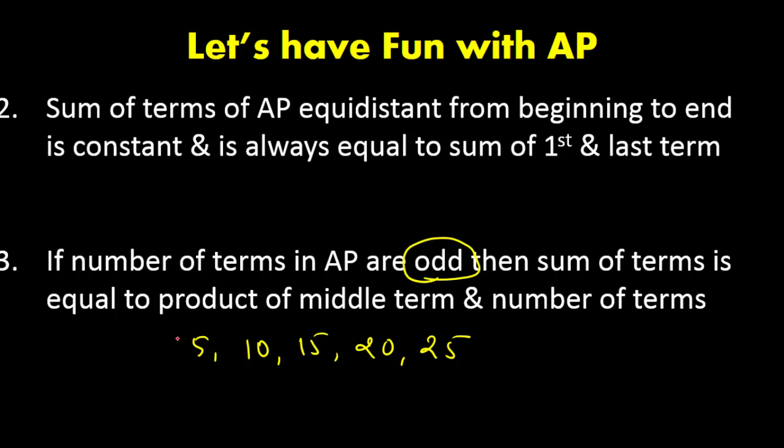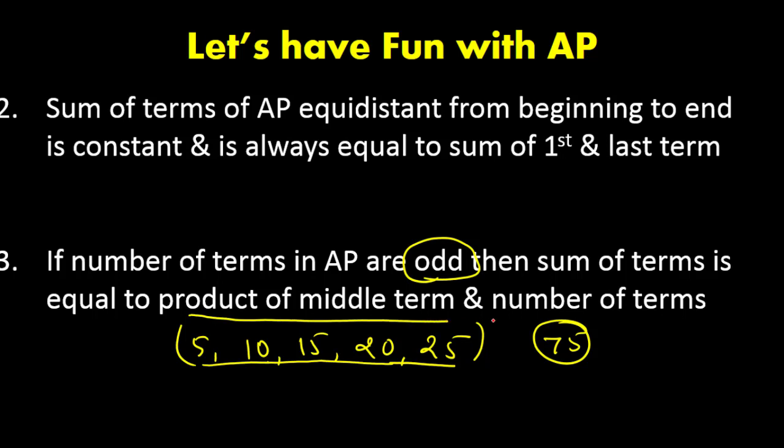Okay, now sum of these terms is what? See here, how much is the sum? These two make 15, 15 and 15 is 30, 50 and 75. So 75 is the sum of these 5 numbers. But what our property is saying is this sum is always equal to product of middle term and the number of terms.